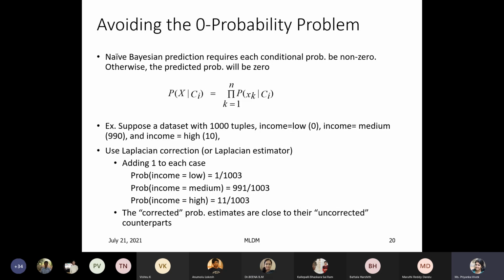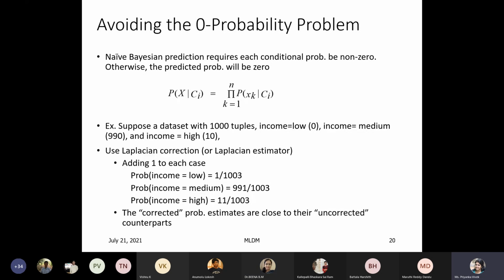So when we take the attribute conditional probability, given buys computer equal to yes, the probability of income equal to low would be 0 because it is 0 by something. So there may be situations like that where we don't have some count for the instance, and then our probability becomes 0.